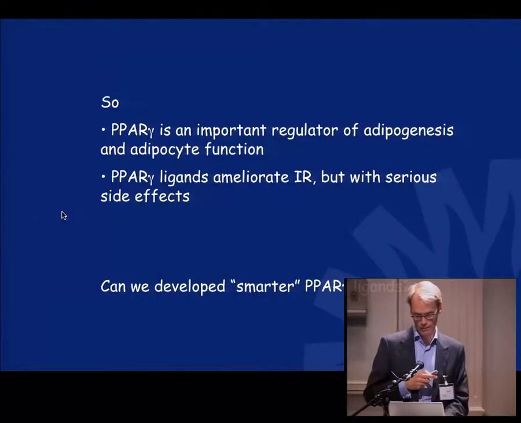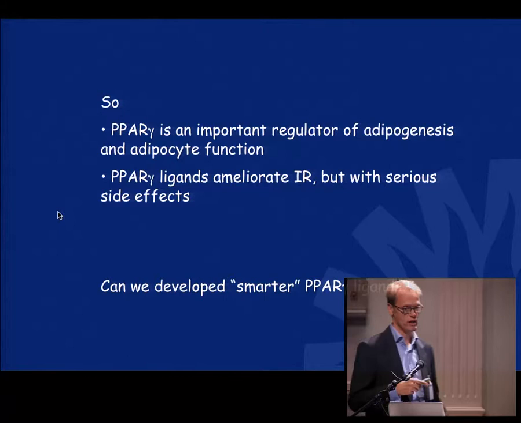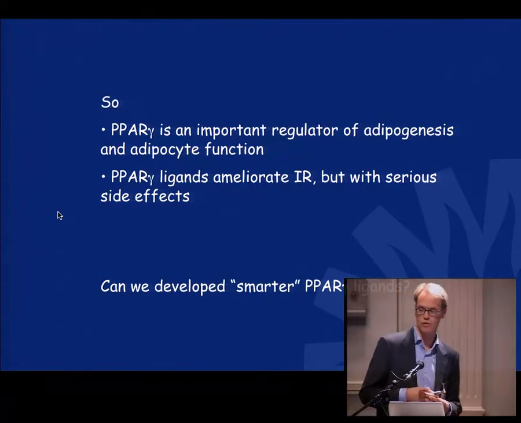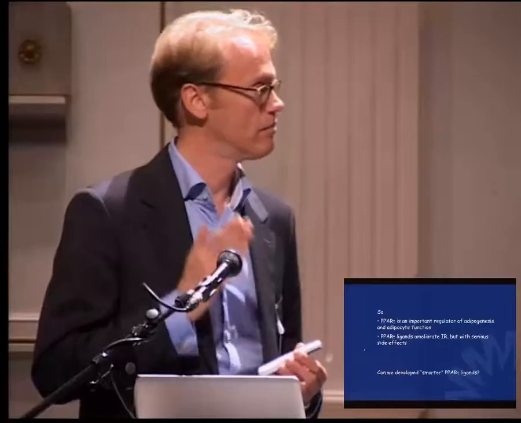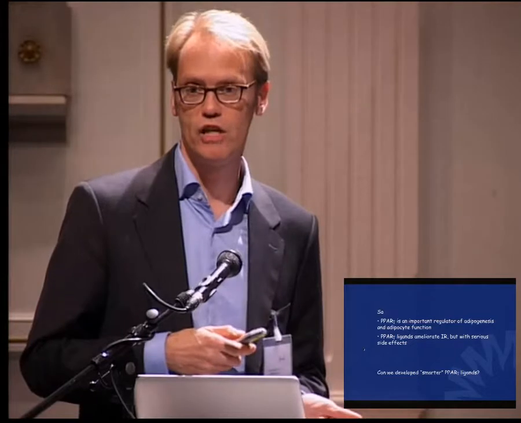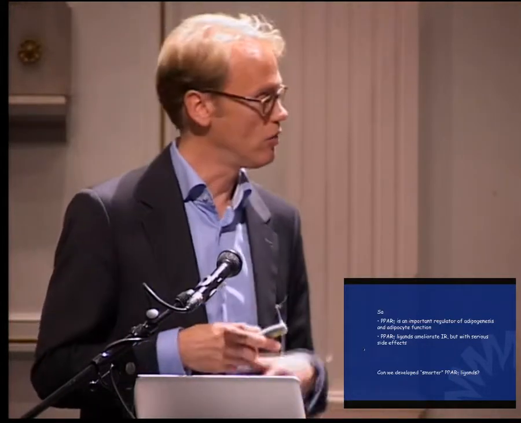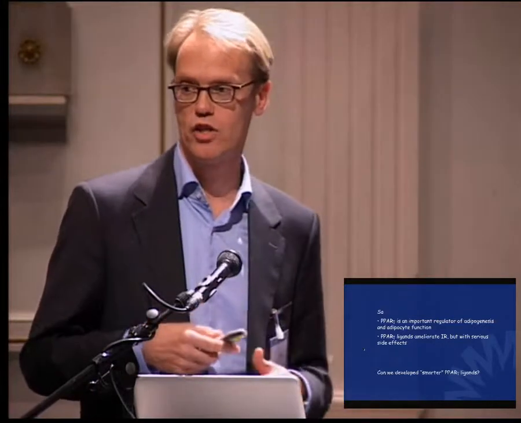So where do we stand now? PPAR gamma is an important regulator of adipogenesis, so the differentiation process, and adipocyte function. And it seems that by hitting this protein, you are actually achieving what you want in a way, but there are maybe too many side effects. So can we go on and do this in a smarter way?